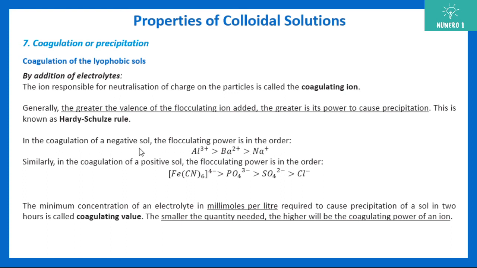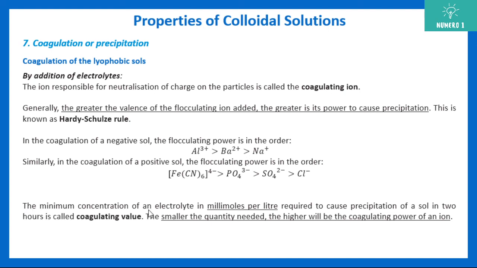This is for coagulating a negative sol, because for a negative sol we need positive ions, and for coagulating positive sols we need negative ions. You can see this one has a charge of 4 minus, so that's why it is more powerful. Then PO4 3-, SO4 2-, and the least powerful is Cl-.